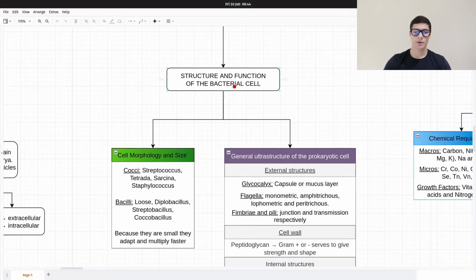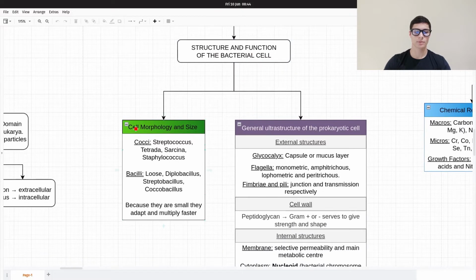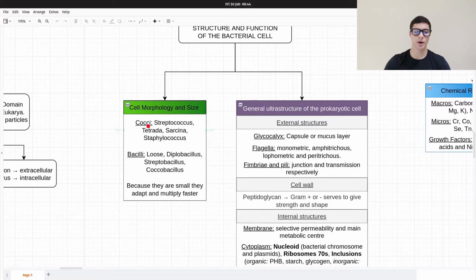Structure and function of the bacterial cell. Well, in terms of cell morphology and size, we can differentiate between cocci and bacilli. Cocci are the round forms of the bacteria, and bacilli are like a rod shape.